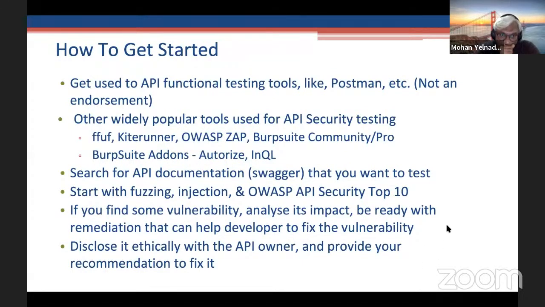This impact is what changes the criticality of your vulnerability. The more the impact, the more the criticality. It can range from low, medium, high to critical, or even super critical.